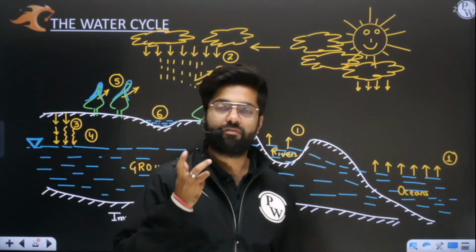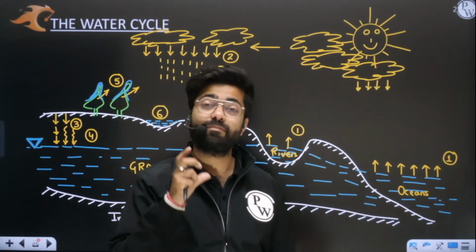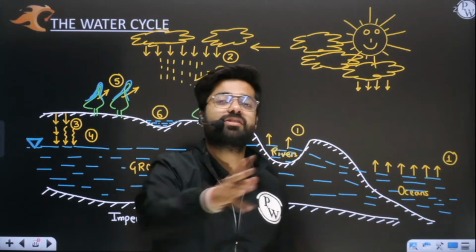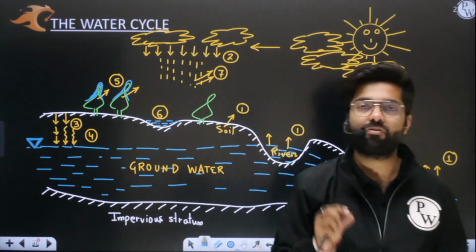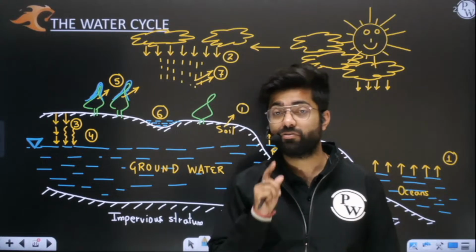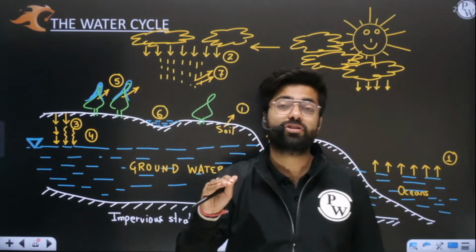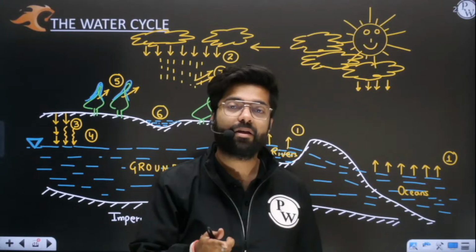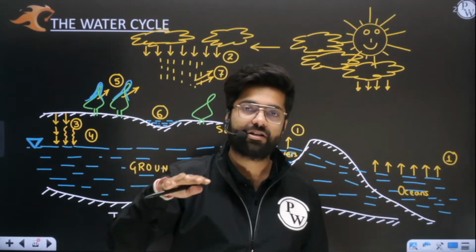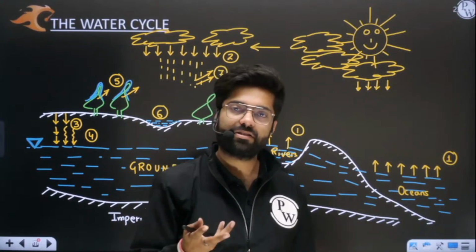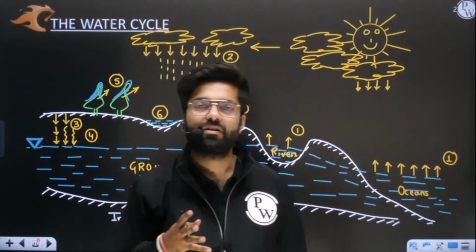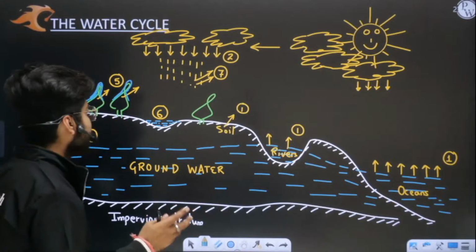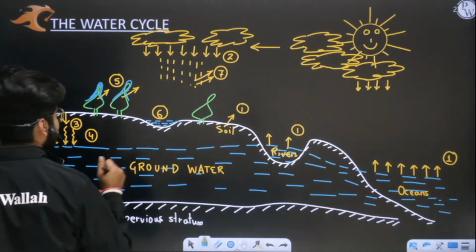Some portion of water, when it is falling, will not reach the earth's surface. It is intercepted by trees, plants, crops, buildings, roads, etc.